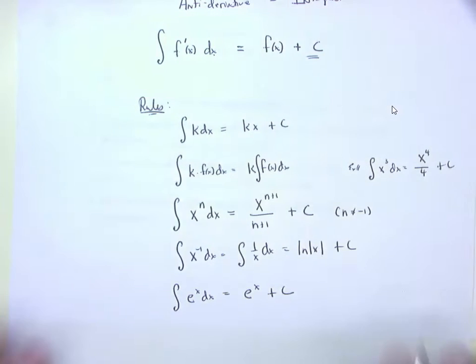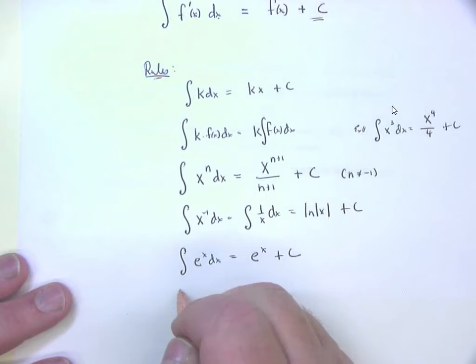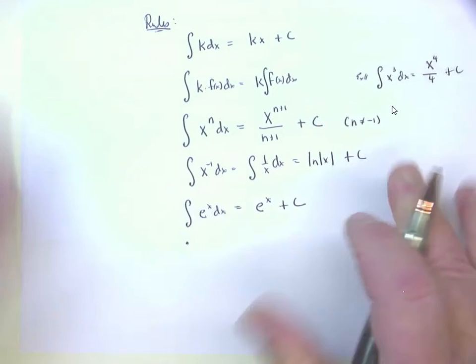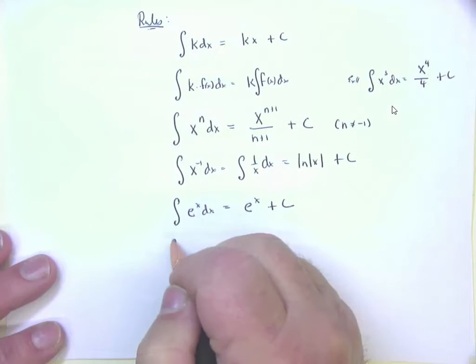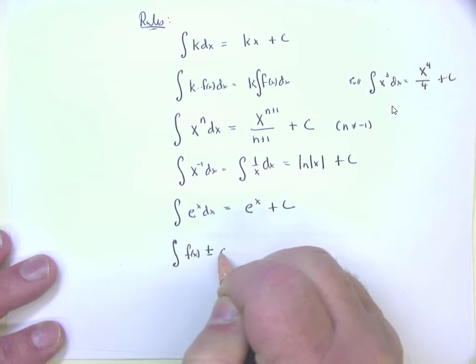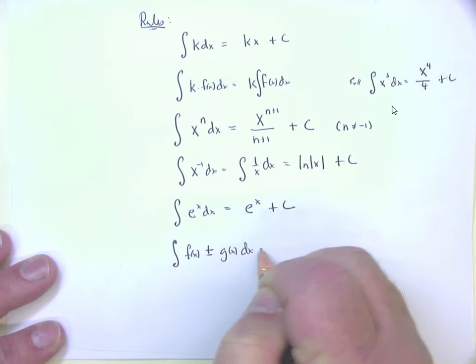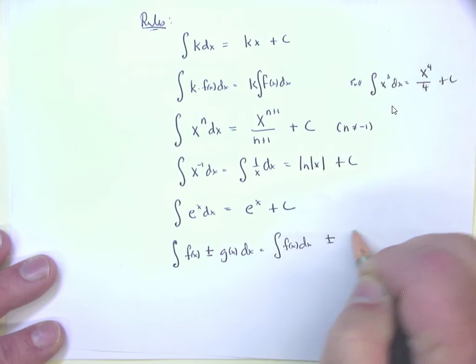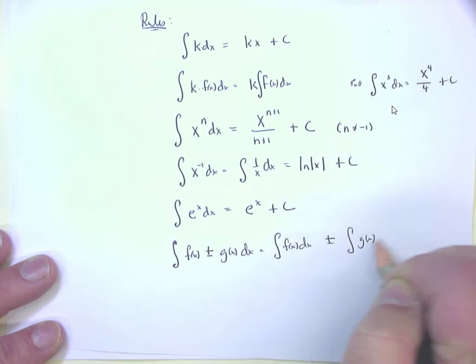And one more, and I'll put him down here, it's called the sum difference rule. When you integrate a function f of x plus or minus another function g of x dx, you're going to integrate the first function plus or minus, you're going to integrate the second function dx.